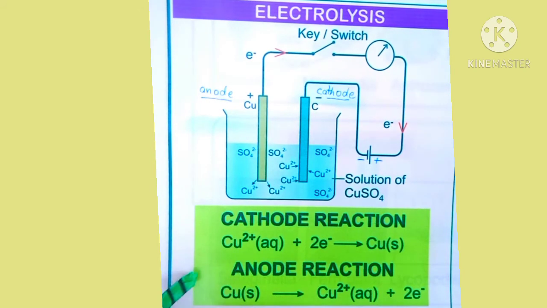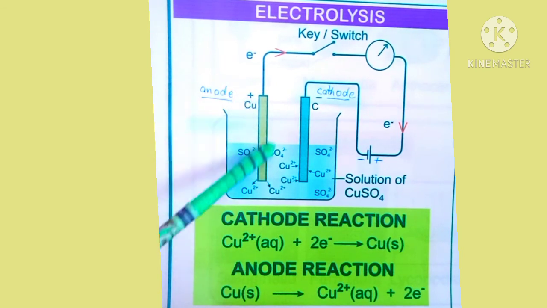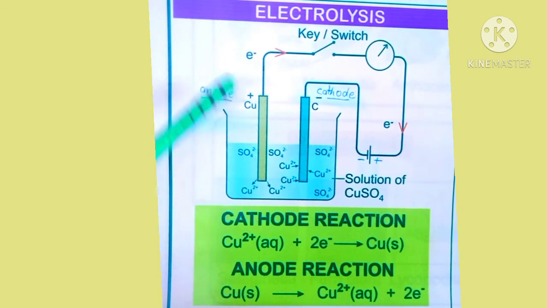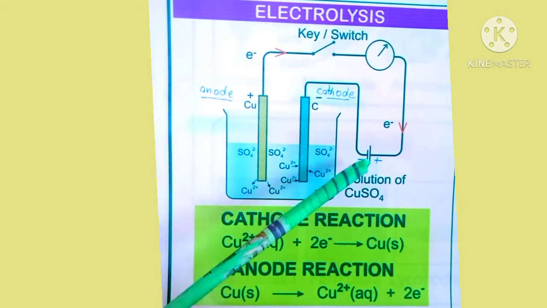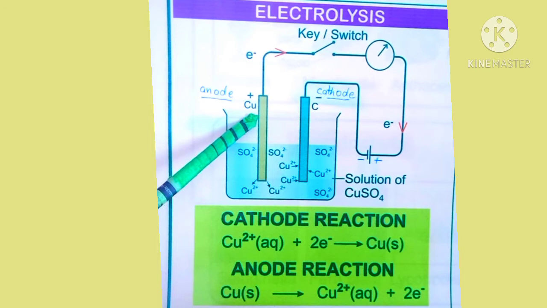And at anode, what happened? Here we are going to take the copper rod. The rod itself is copper, but it is connected to the positive terminal, so it is a positively charged rod.